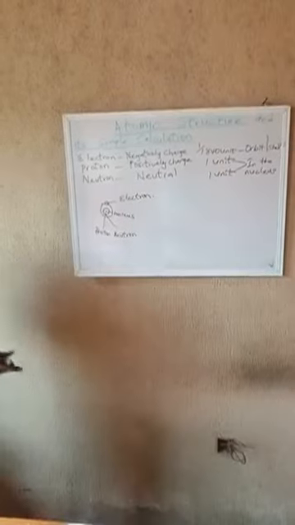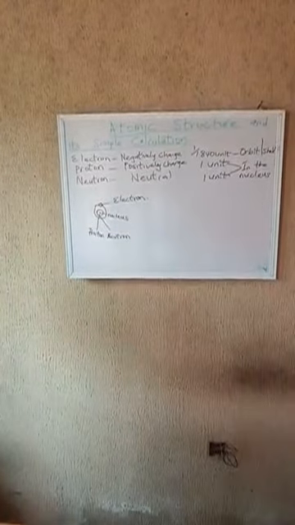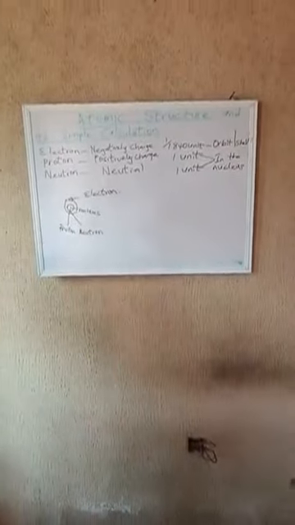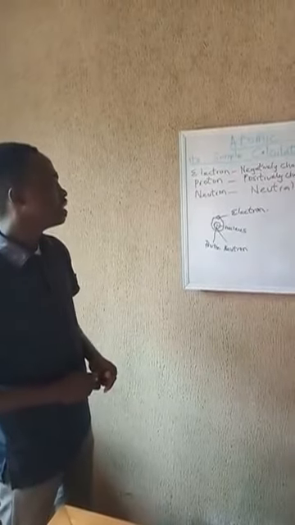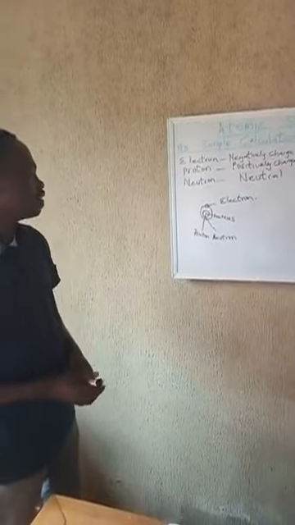So this is a typical representation of how the atomic structure looks. The central place of the atom is known as the nucleus. The proton is located inside the nucleus, and the electron is located at the orbit or at the shell of an atom.